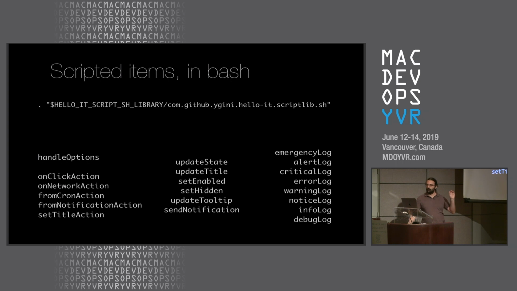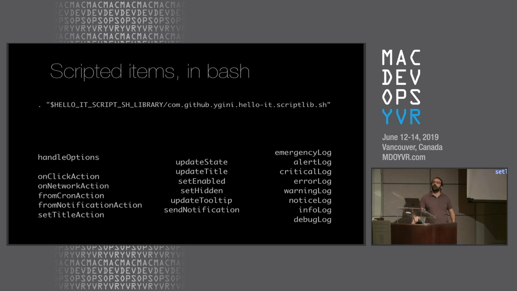So you basically load the bash script library at first, and then you have other thing on the left column are the function you can overload to get action requested by LOIT to your script. You have on the middle column all the operation you can do easily, and then all the log you want to send.